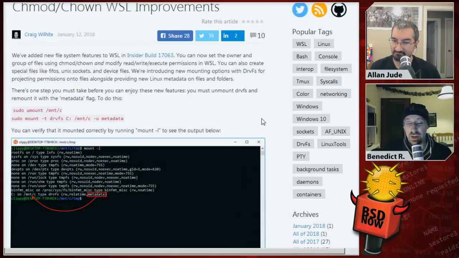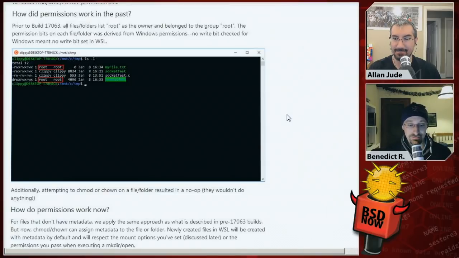That's how many years too late? But well, the Unix guys are laughing, but it's there now, and people can play with that on Windows as much as they like. And of course, on the official blog, the non-root user is Clippy.